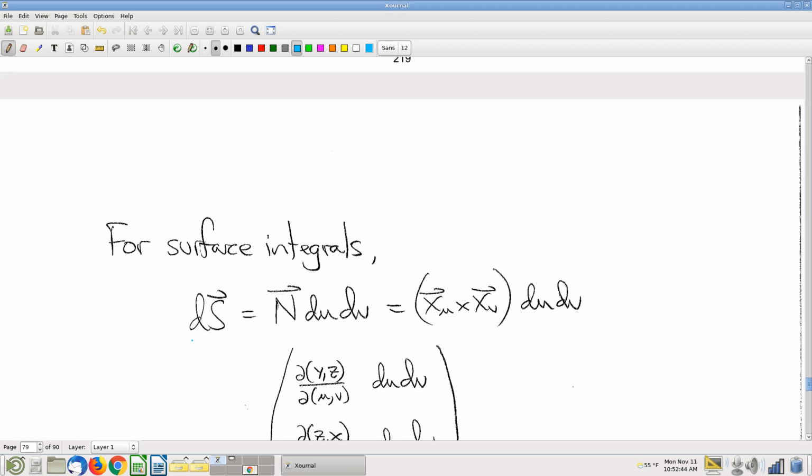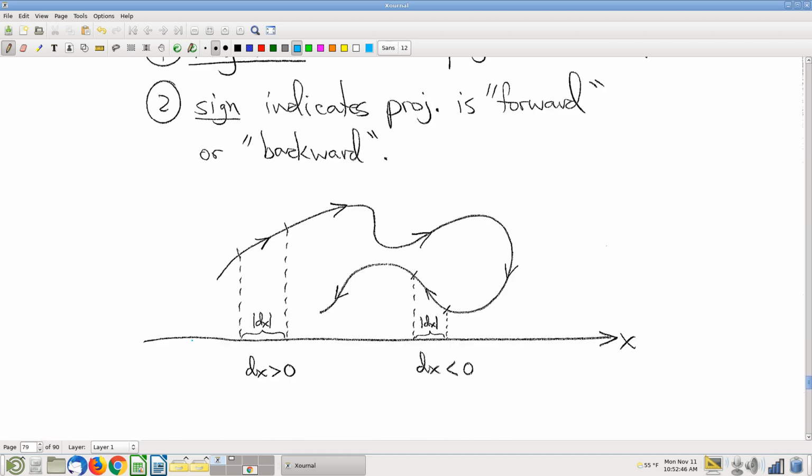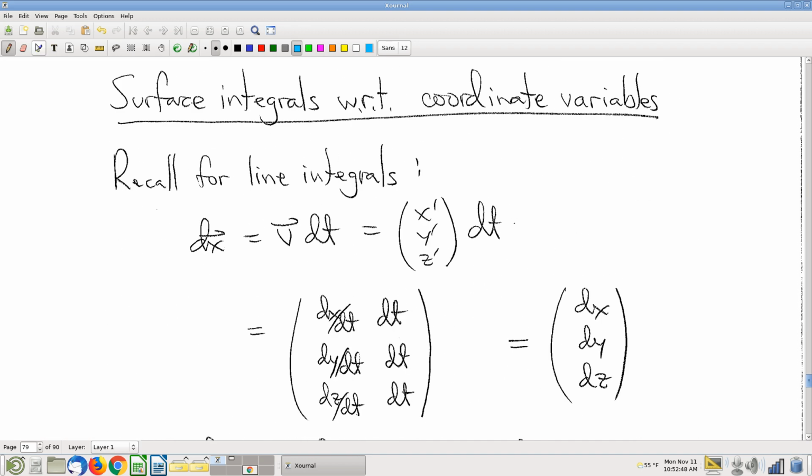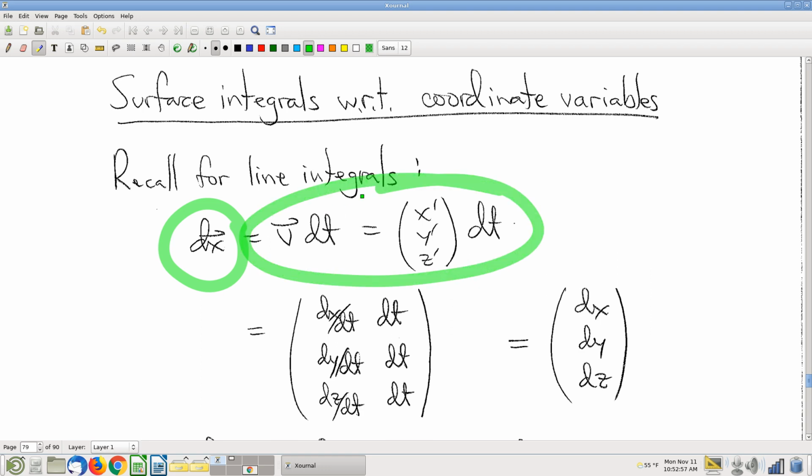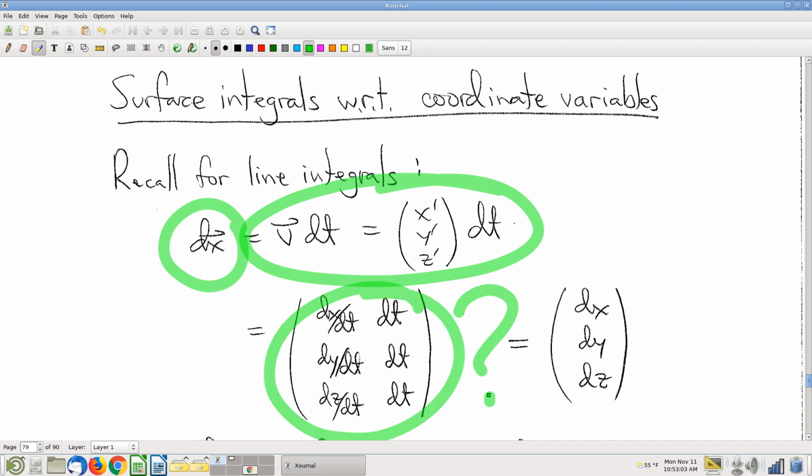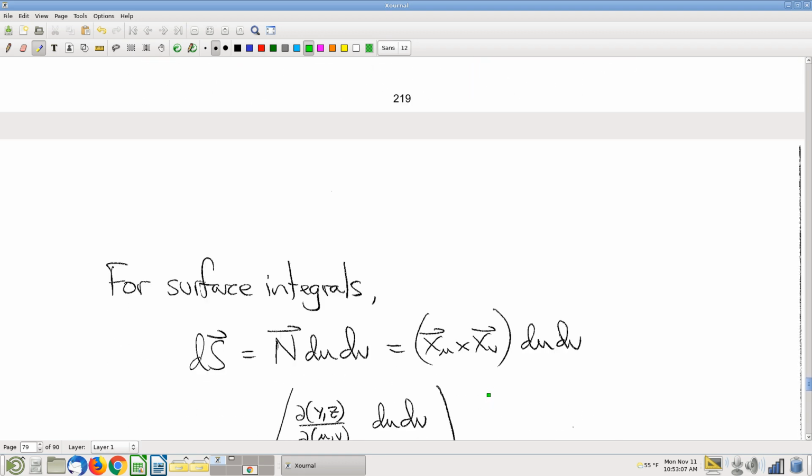And here we go. Here, by the way, quick reminder, what we did, where we started off with line integral coordinate differentials, was we looked at our vector differential, we wrote down our formula for it, which we can expand, and then we asked, individually, what do those coordinates mean? Okay, so the analog of that for surface integrals is this.